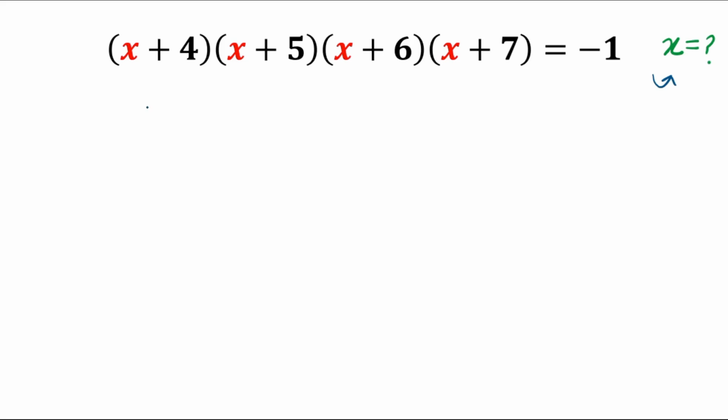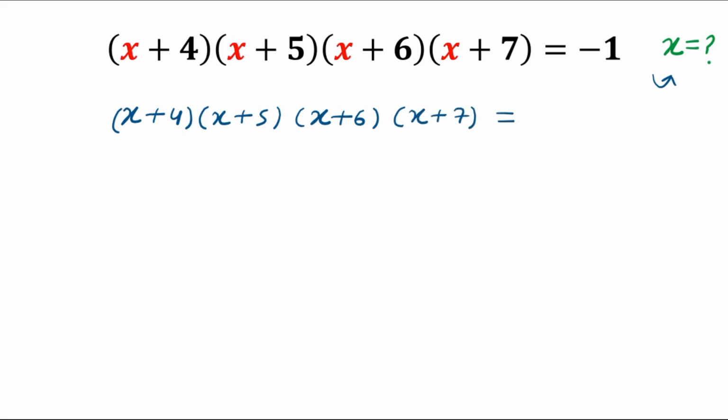Now let's start the solution of this question. (x+4) is multiplied by (x+5), multiplied by (x+6), multiplied by (x+7), and this is equal to -1.